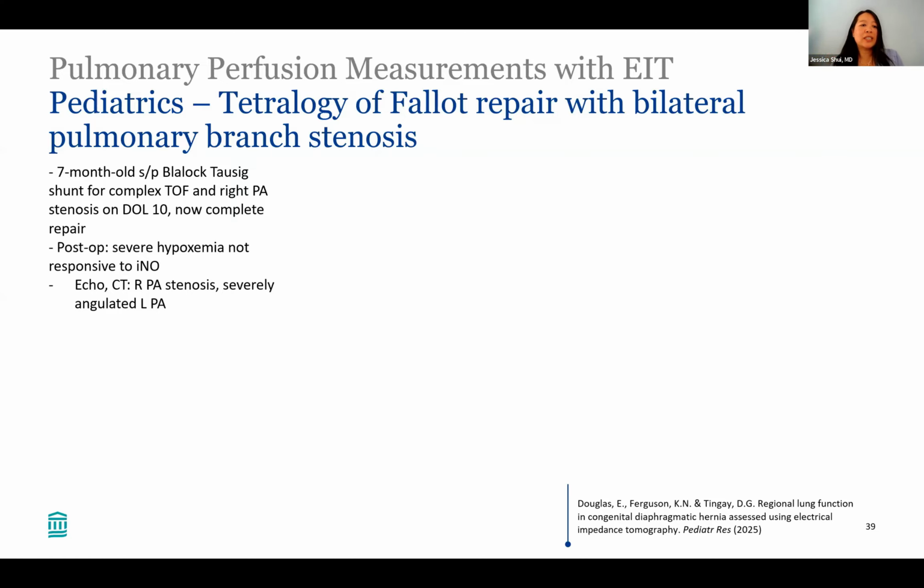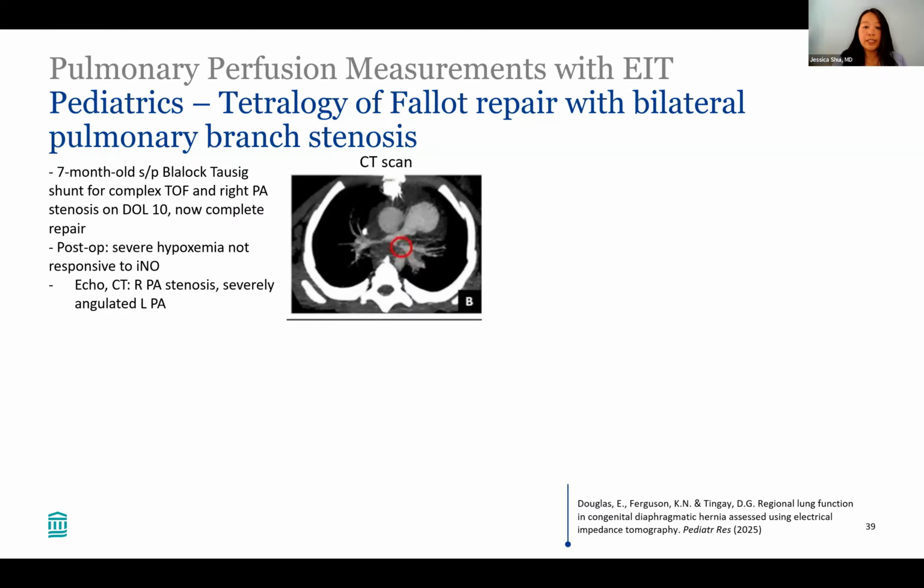It did show some decreased right ventricular dysfunction, and it commented that there was right-sided pulmonary artery stenosis and a severely angulated left pulmonary artery. They performed a chest CT, which also showed that same anatomy.